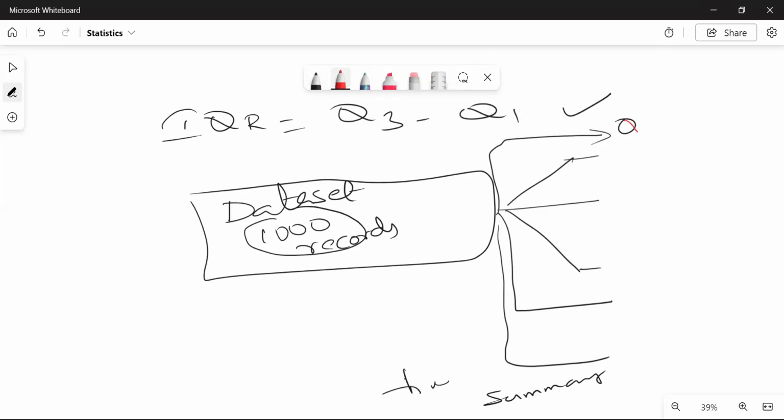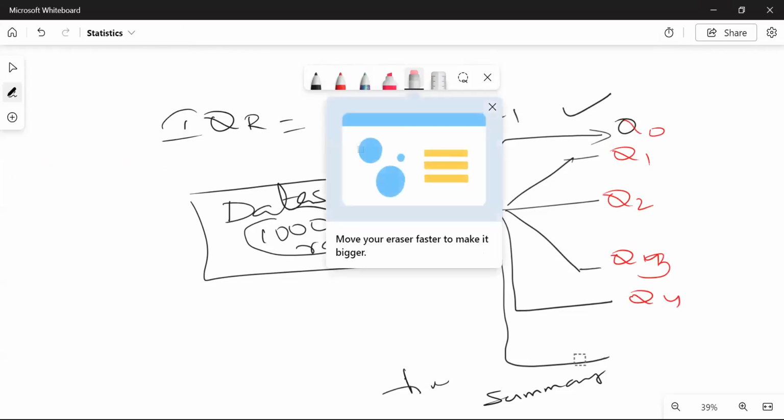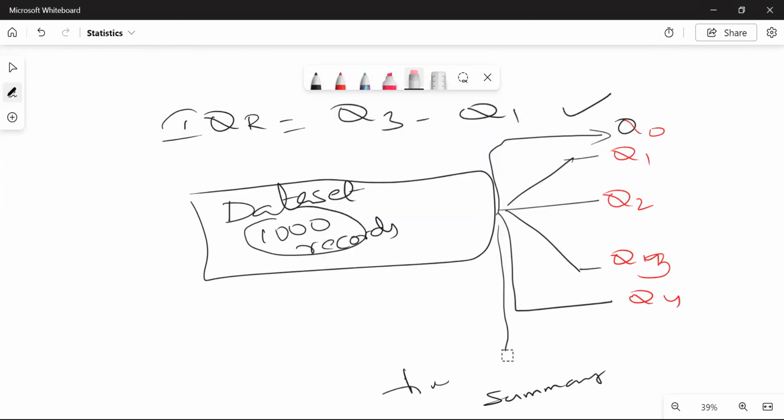Those 5 elements are named Q0, Q1, Q2, Q3, and Q4.